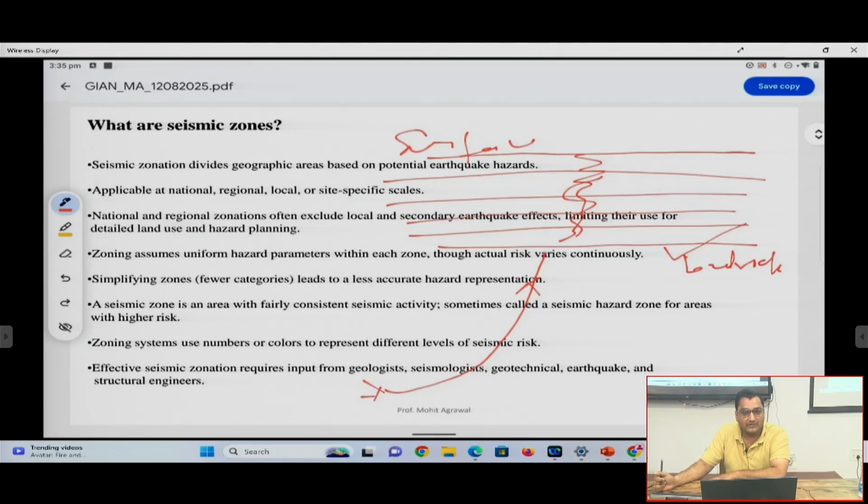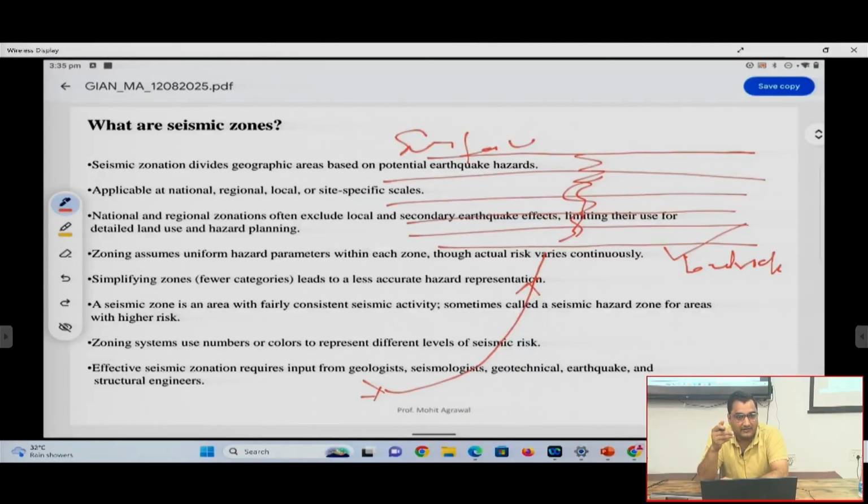Using those methods, you are basically trying to find out the shear modulus or the shear wave velocity of the soil. Using that shear wave velocity or shear modulus, you are going to conduct the site response study.